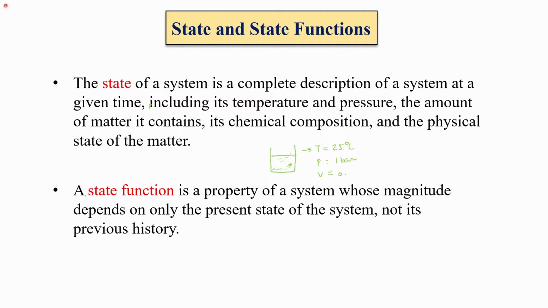Let's say 0.25 liter. So this is the description of a system at a given time. At this time, what is the temperature, pressure, volume, or concentration of the system? At a point it is defined. This is called the state of the system.